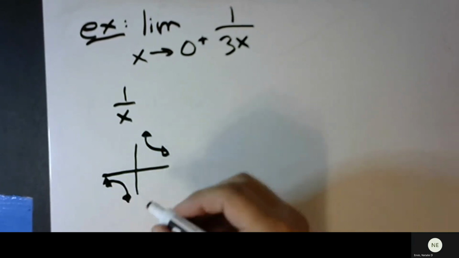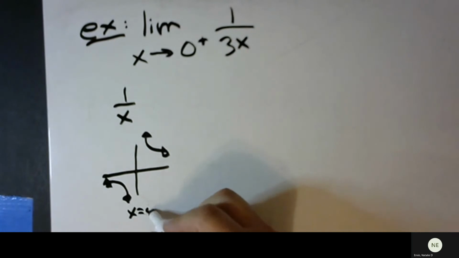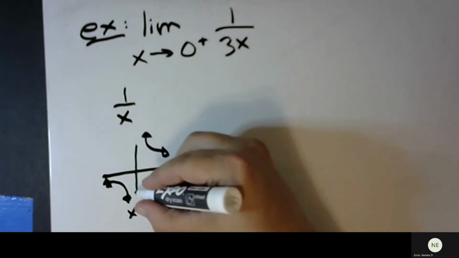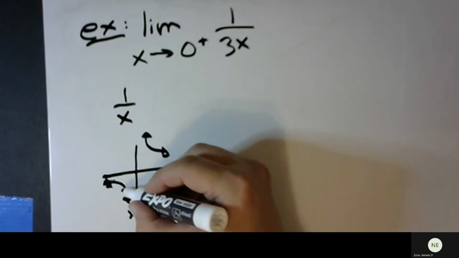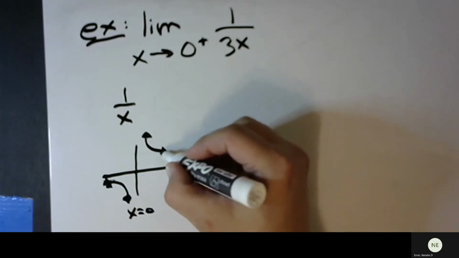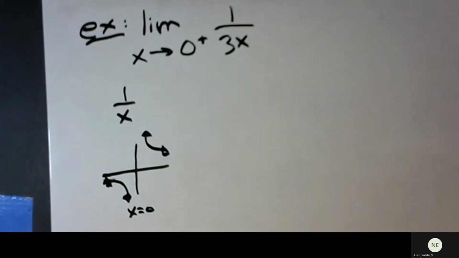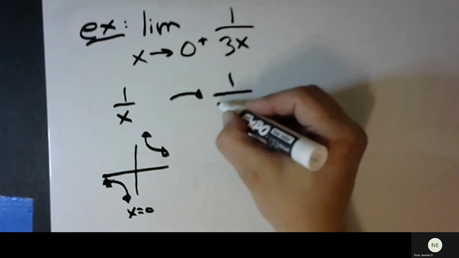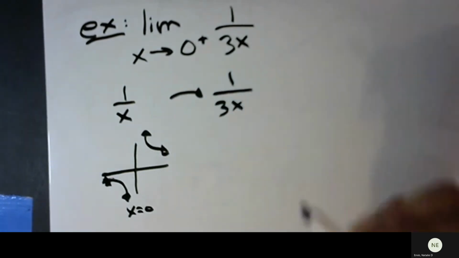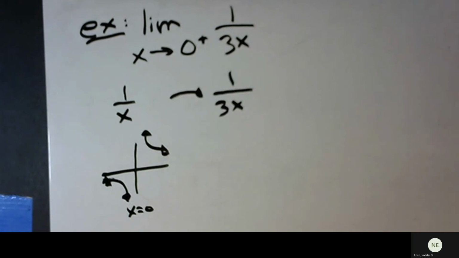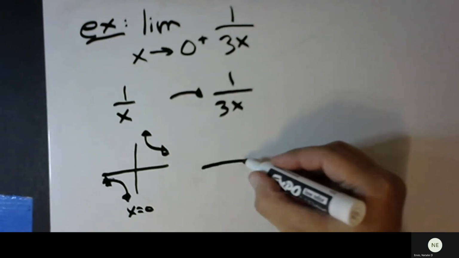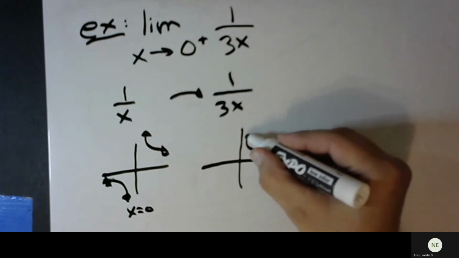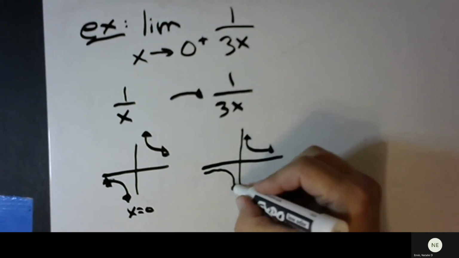And this is at x equals 0, this is where you have your asymptote. If you're approaching from the left, you're going to get negative infinity. If you're approaching from the right, you're going to get positive infinity. So we're multiplying basically by 1/3, which just brings it a little closer in here.